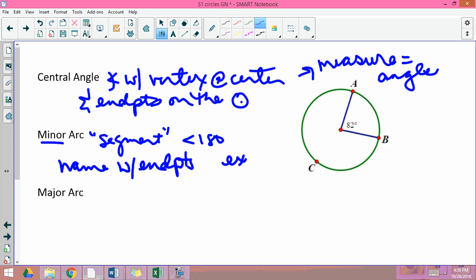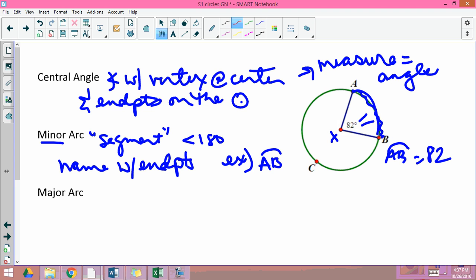So for example, in this circle X, we name circles by their center, in this circle X, arc AB is a minor arc, right here, from A to B. And the measure of that arc AB is equal to its central angle, 82 degrees.